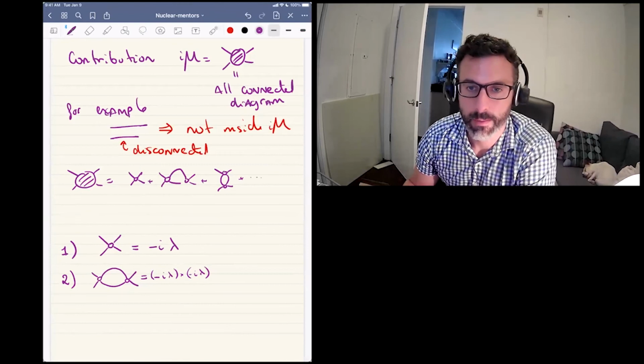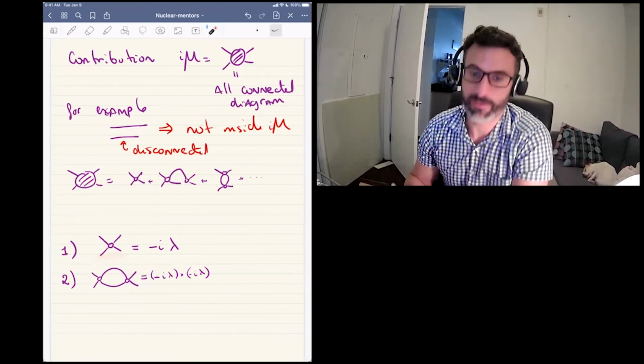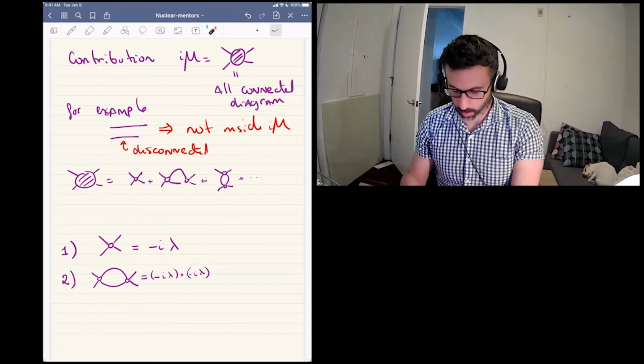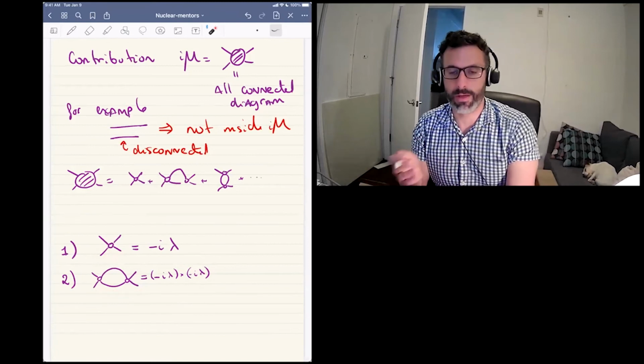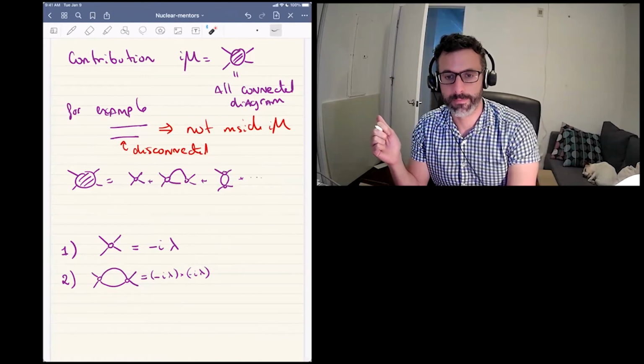But each individual contribution, the Feynman rules, what they tell us is how to evaluate that one term, which is itself a product of different things. Okay. Yes, Aditya.